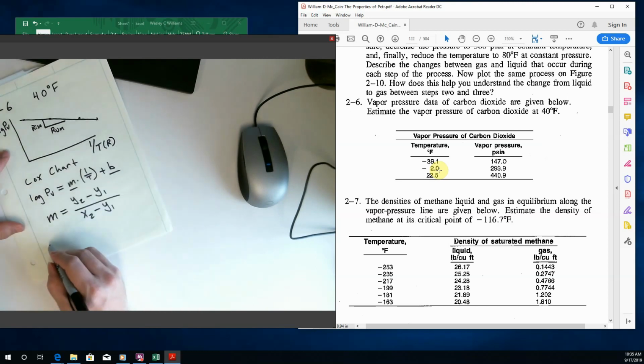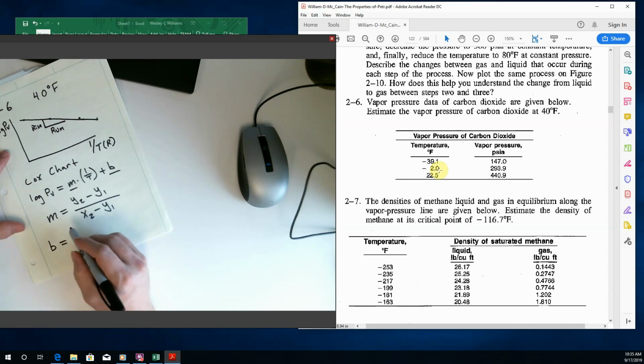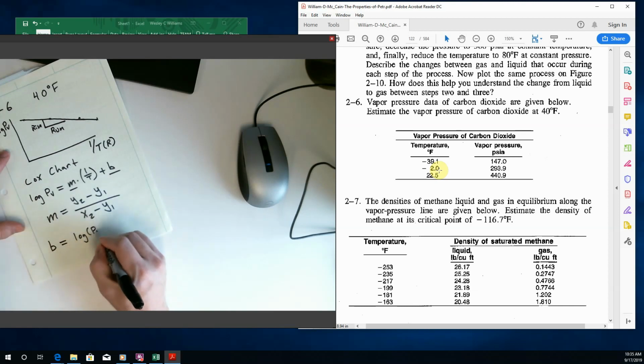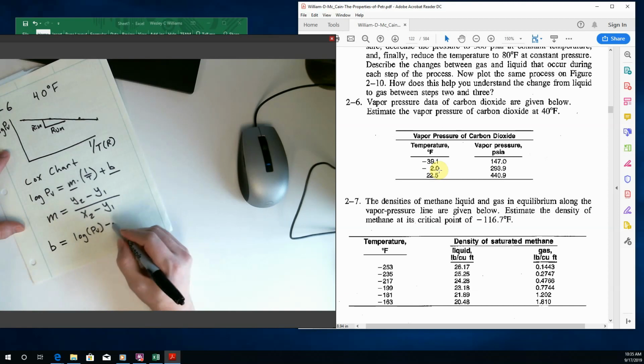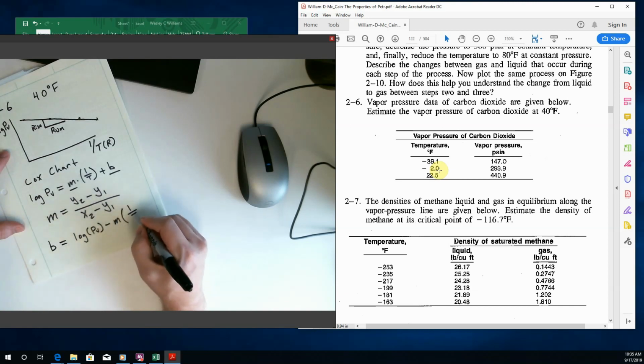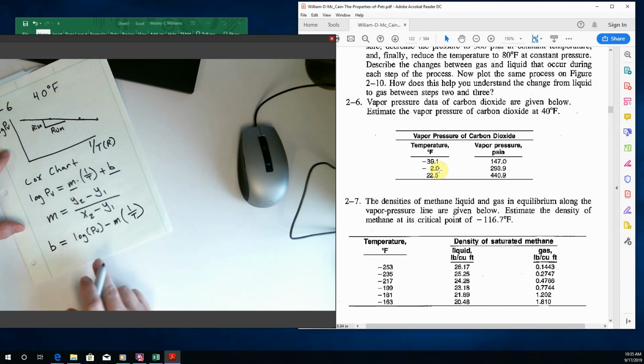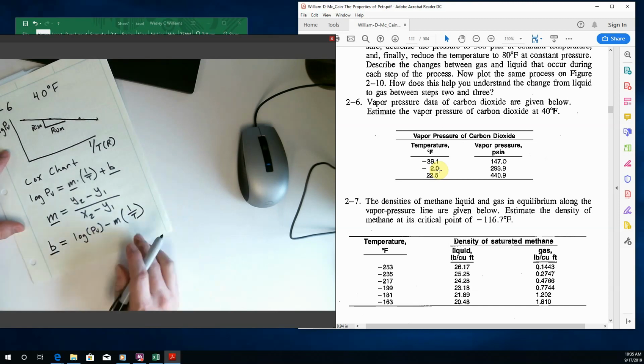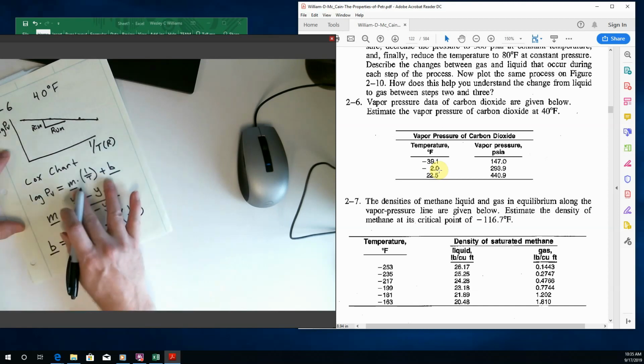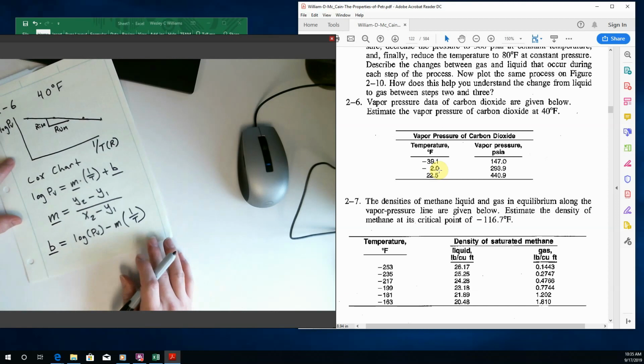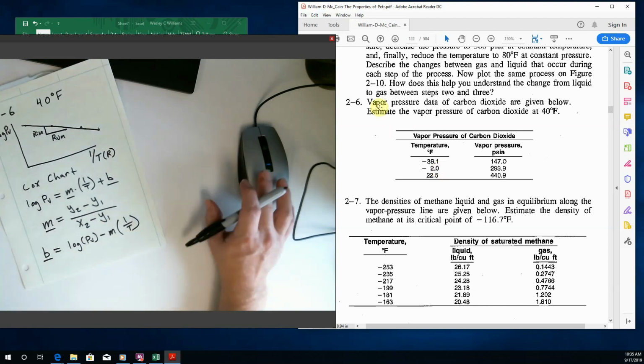Once you know this, you can solve for B by doing log of some vapor pressure minus M times 1 over some temperature, right? So we solve for these two guys, and then we can plug it back in the equation and come up with our answer.